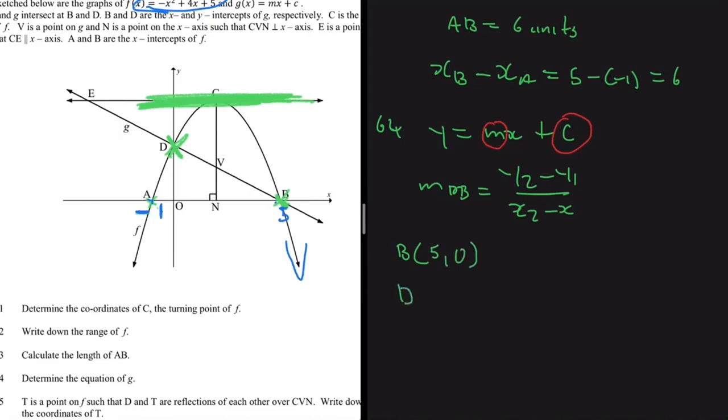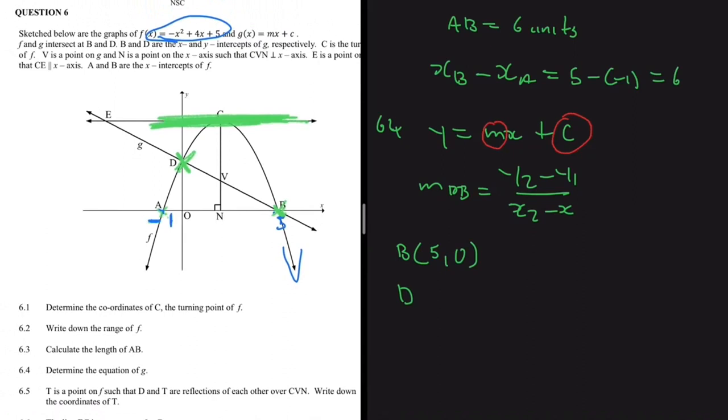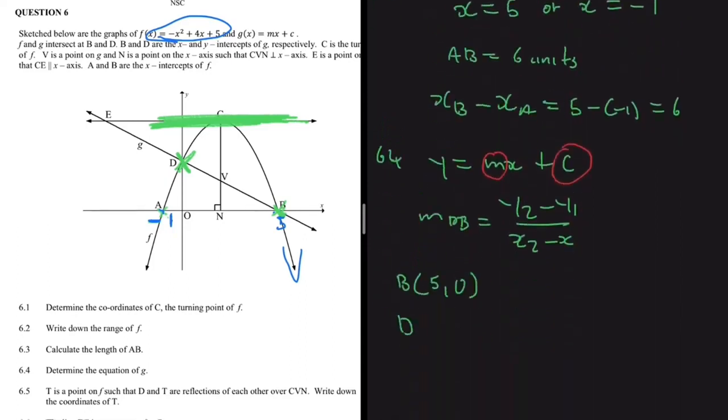And what about the coordinates of D? It seems like we don't have the coordinates of D, right? But then we can see fully well that D is the y-intercept of our graph F, right? So it should be easy to find. So for the y-intercept, we let x be equal to 0, right?